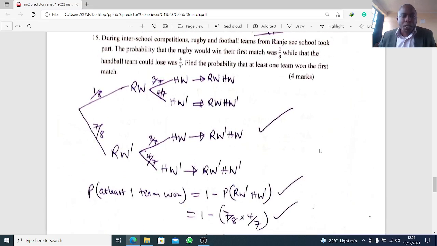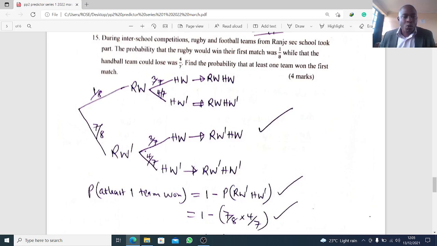Question number 15. During inter-school competitions, rugby and handball teams from Range Secondary School took part. The probability that the rugby team could win their first match was 1 over 8, while that of the handball team could lose was 4 over 7. First of all, we can draw a tree diagram whereby rugby winning is 1 over 8, and therefore rugby losing is 7 over 8.